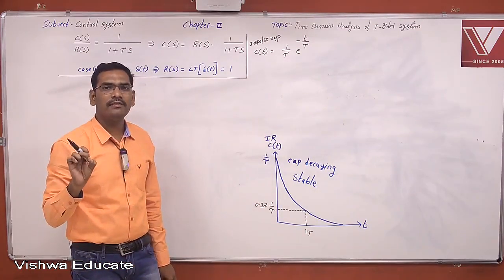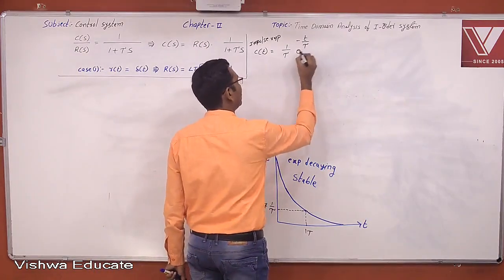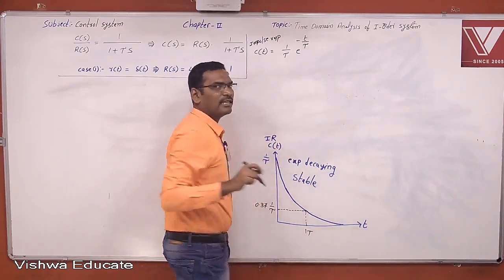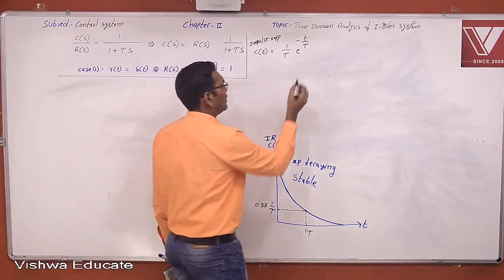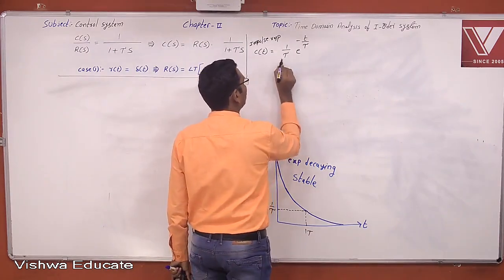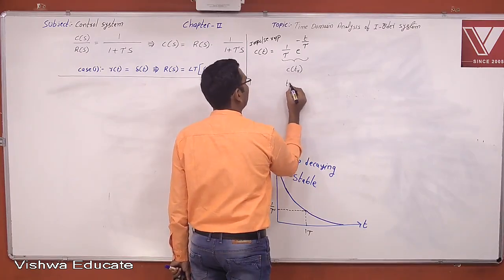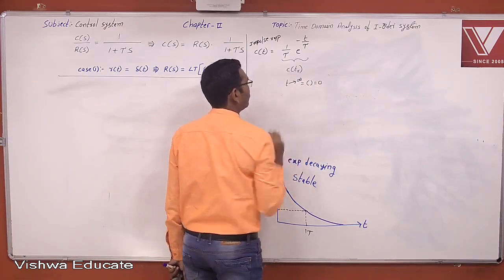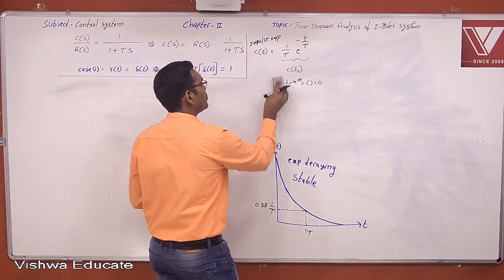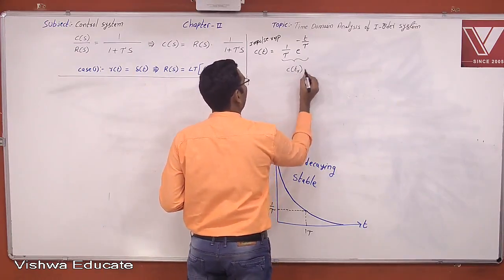Limit t tends to infinity, if it is 0, that is nothing but the transient response. If you substitute limit t tends to infinity, and there is an exponential decaying term, it is 100% transient response. Because limit t tends to infinity, the value will become 0, therefore this is only a transient term.